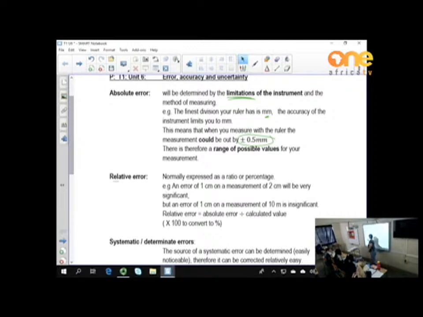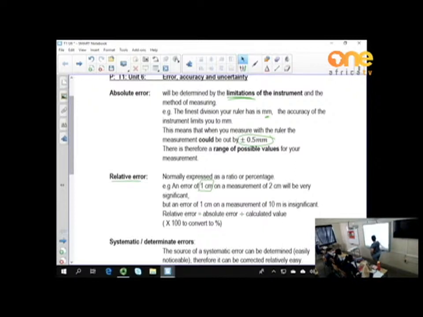A relative error, we said normally it's expressed as a ratio or a percentage. For example, the example we did this morning as well, an error of 1 centimeter on a 2 centimeter reading is major. It's a 50% error. But an error of 1 centimeter on 250 centimeters is almost nothing. Okay.